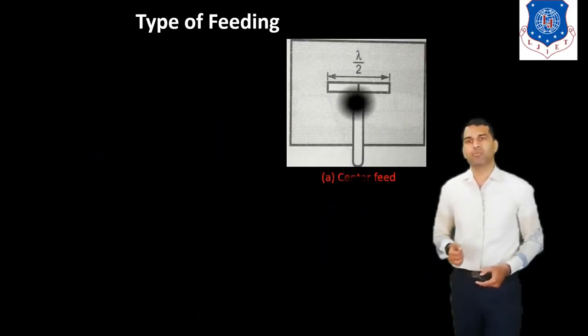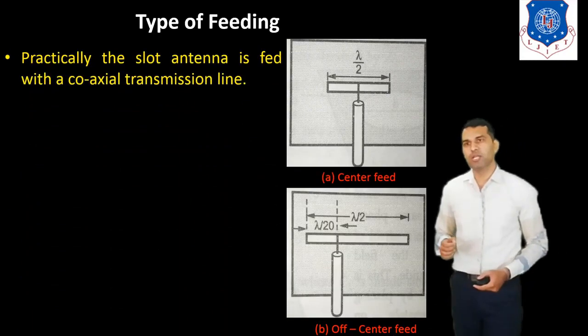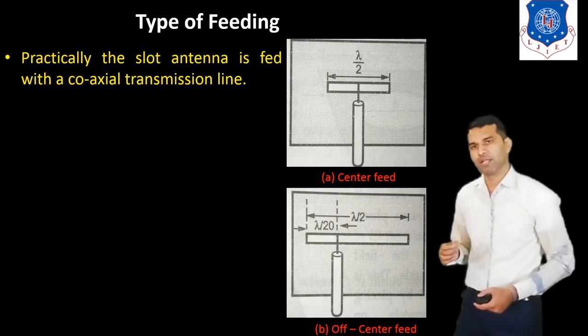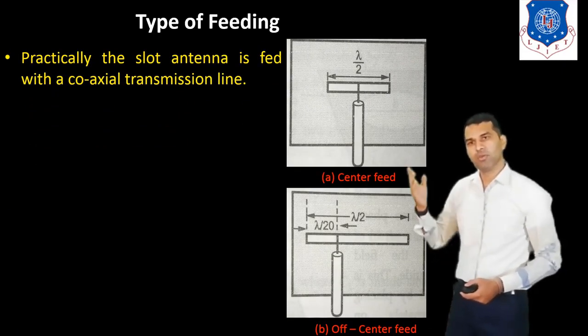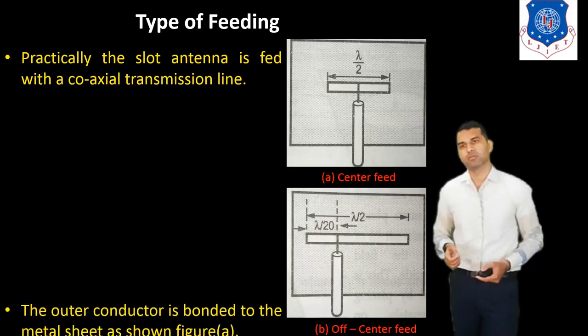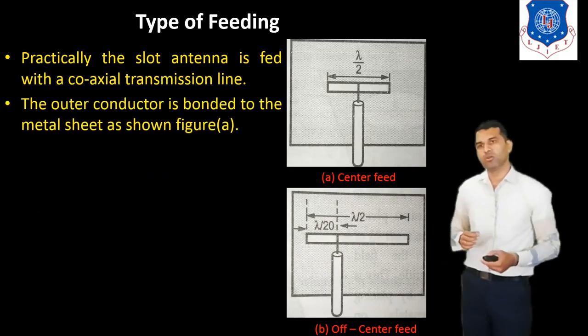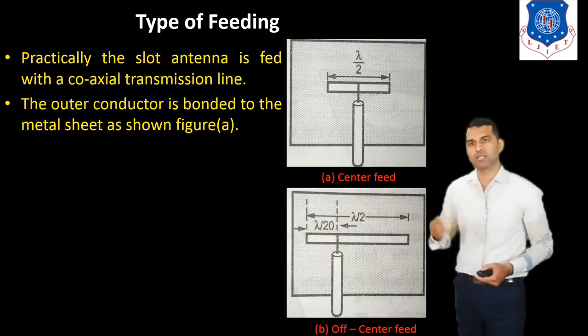Now the types of feeding. Practically, the slot antenna is fed with a coaxial transmission line. So normally we use a transmission line for feeding the slot antenna. The outer conductor is bonded to the metal sheet as shown in this figure.